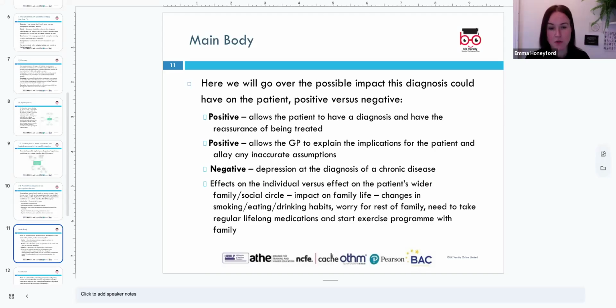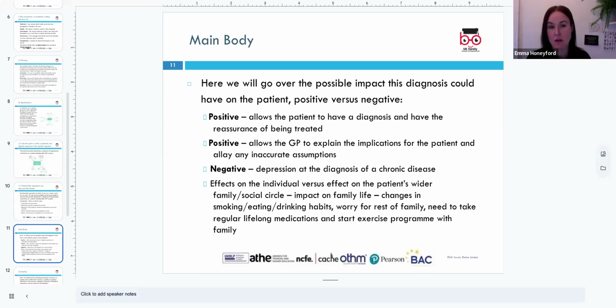So I think it's important to show the different impacts and how a patient may feel. So effects on the individual versus effects on the patient's wider family and social circle. You could talk about the impacts on family life, and changes that may be required in smoking, eating, and drinking habits.